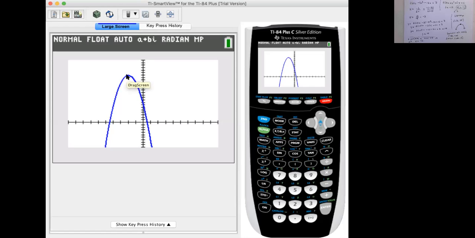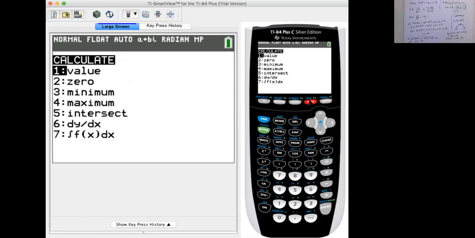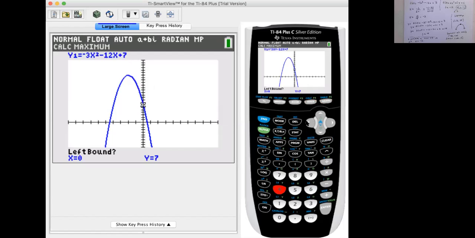Then how do we find the vertex on the graphing calculator? Second calc, maximum, which is number 4. Left bound, move the cursor a little bit to the left of the highest point, and hit enter. Right bound, move the cursor a little bit to the right of the highest point, and hit enter, and then move it close.